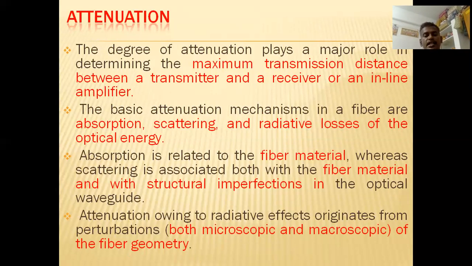Here attenuation is classified into three categories: absorption losses, scattering losses, and radiative losses. Absorption losses are related to fiber material, whereas scattering losses are associated with fiber material and structural imperfections. The third one is radiative losses or bending losses, which are classified into two categories: microscopic bending losses and macroscopic bending losses.